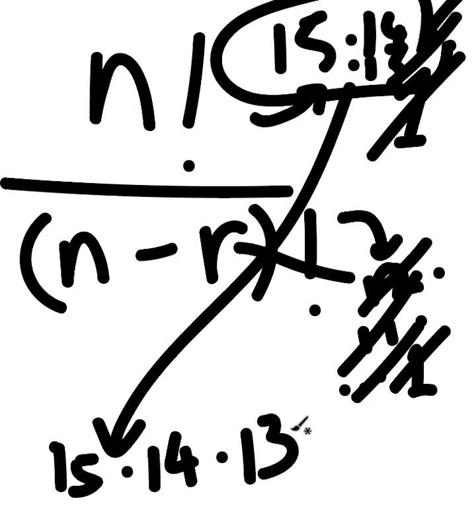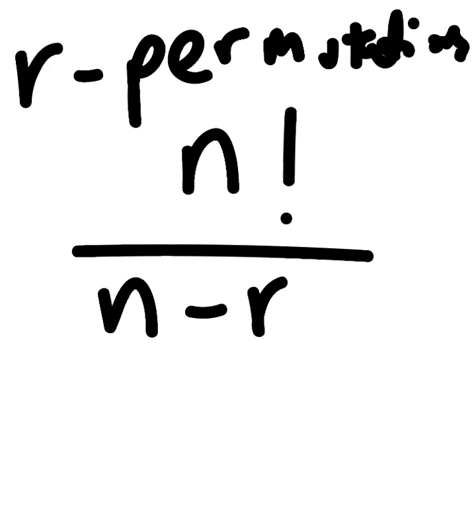We wanted 3 permutations, so we can find our permutations using this formula, n factorial divided by n minus r factorial.